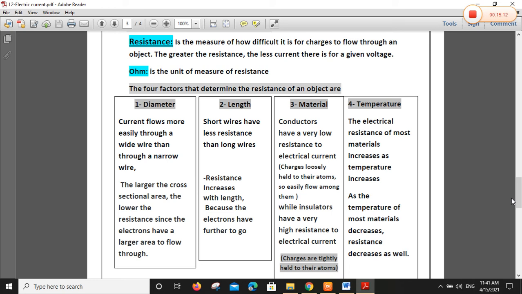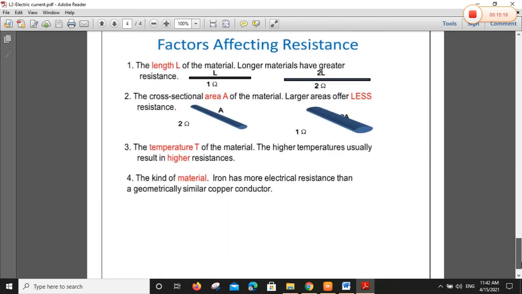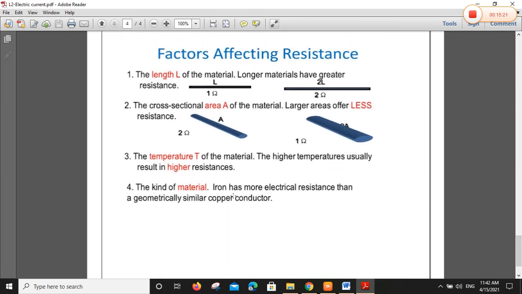Among conductors, we have different metals, like copper, iron, and aluminium. Iron has more electrical resistance than copper, so never use iron inside electric cables. Copper is the best one, better than aluminium.